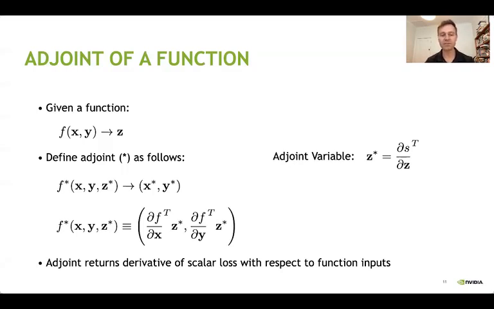The adjoint of f takes the same input parameters, x and y, and also takes z star, the adjoint of the output, which we assume is known, and it gives us back the adjoint of the inputs. So it gives us back the derivatives of s with respect to the inputs. And it turns out that this only involves, again, doing some linear algebra based on the gradients of f.